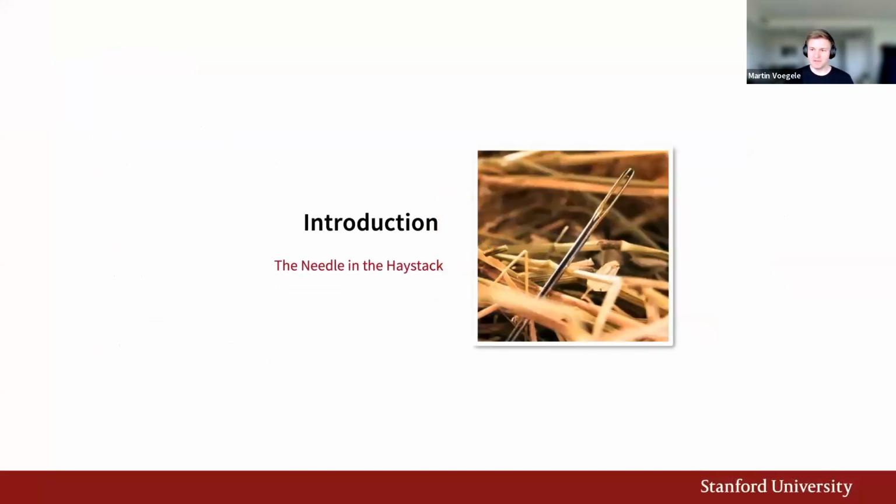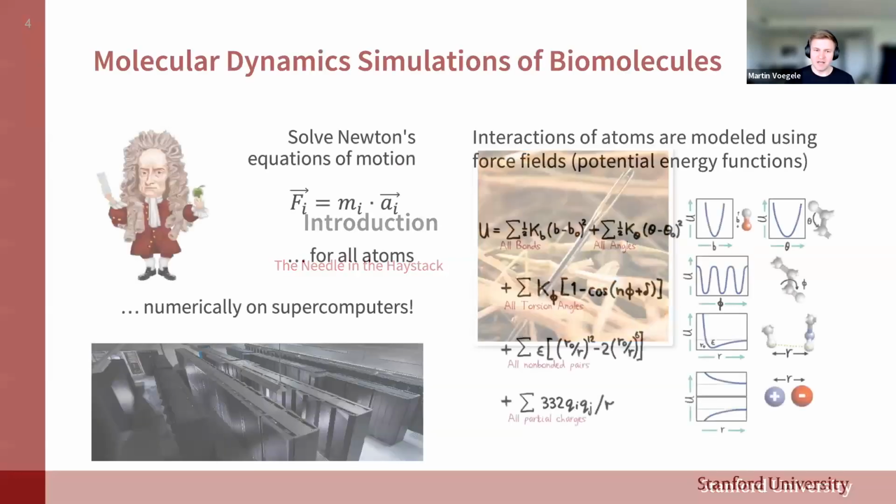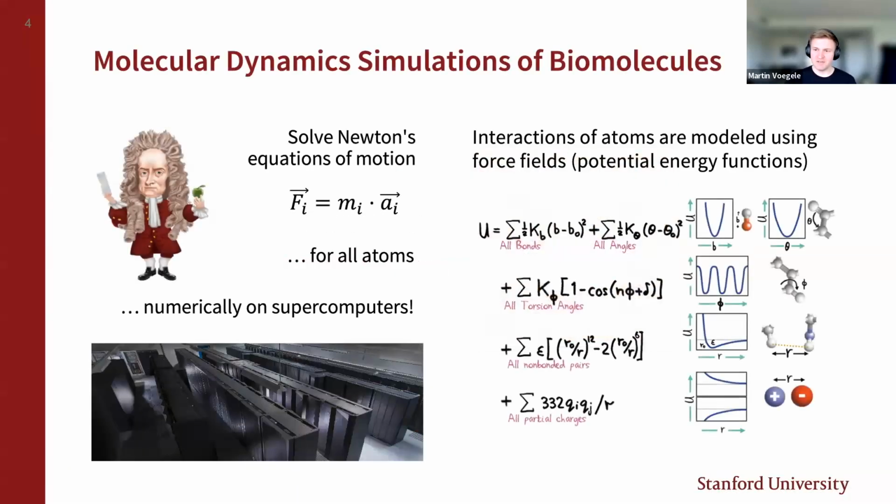The proverbial needle in the haystack is a metaphor that I like very much when I describe what we do in molecular simulations and when we try to analyze them. So what molecular simulations do, for those of you who have not run a classical MD simulation yourself yet, we usually solve Newton's equations of motion, which by themselves are actually pretty simple.